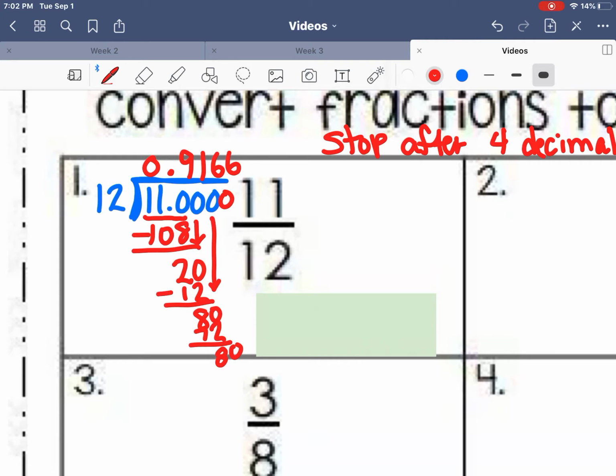So to write this decimal, because I don't have until the end of time to do this math problem, and neither do you, right? Okay. So to write this answer, I'm going to write 0.9166, and I put a bar over those 2 6s, which means they will repeat forever. So go ahead and do your answer like that on these problems that repeat.